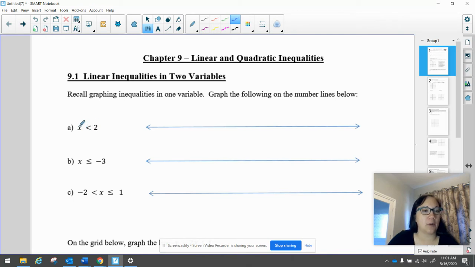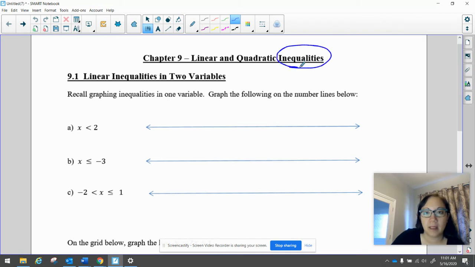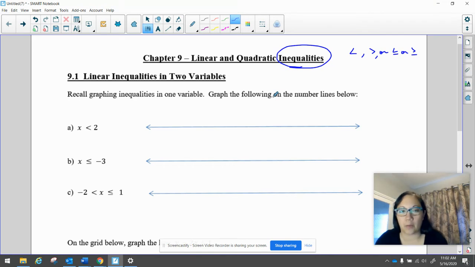So for example, if you are given the inequality X is less than 2, and an inequality, by the way, is a mathematical statement that involves a less than, a greater than, or less than or equal to, or greater than or equal to symbols. So it's an inequality because there's no equal sign, so we're not calling it an equation, we're calling it an inequality. So this is an inequality because we have the less than sign.